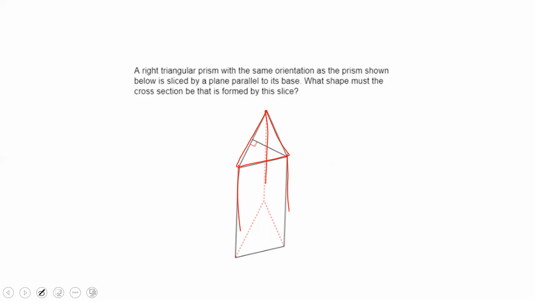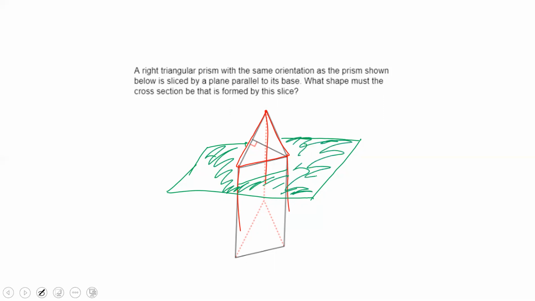Okay, so just like the last problem, where we took some kind of plane parallel to this base, and we've sliced it, so part of it's poking out the top of the plane, part of it's going out the bottom of the plane. We're asked, what shape must the cross section formed by this slice be? Well, the shape formed by the slice would be the same as the base of the prism. So again, we'd end up with a triangle.